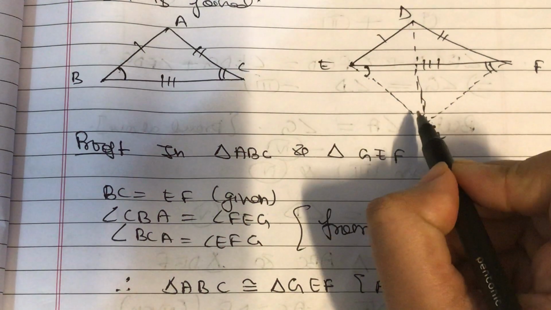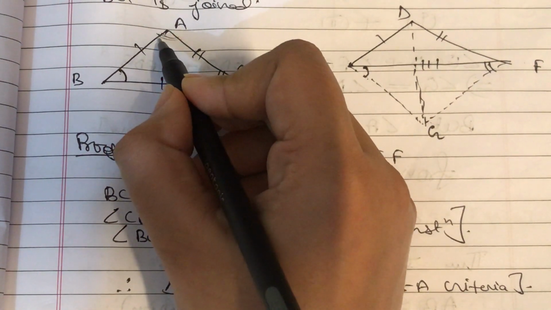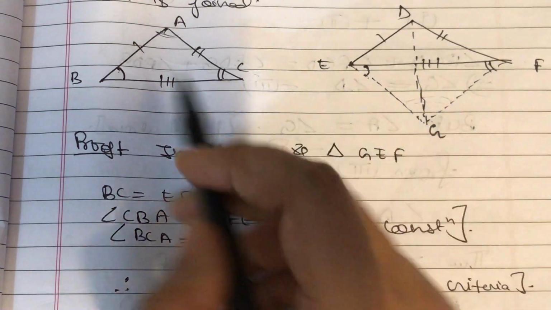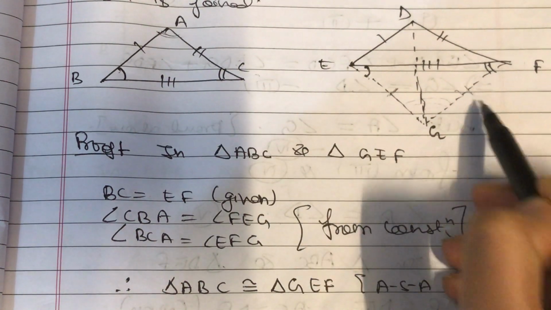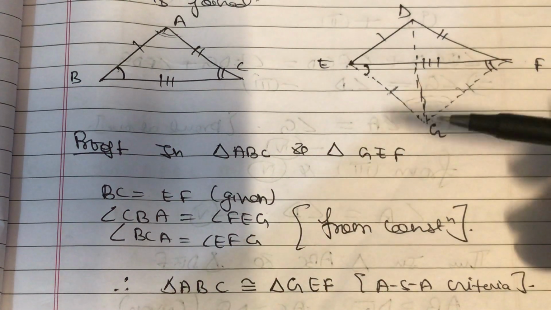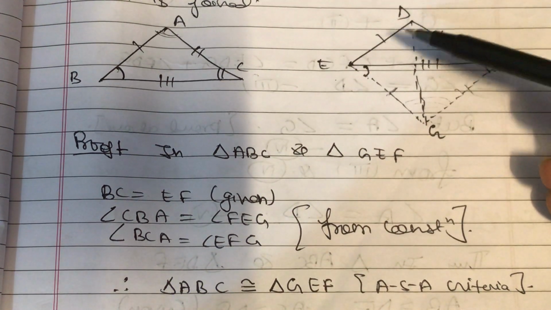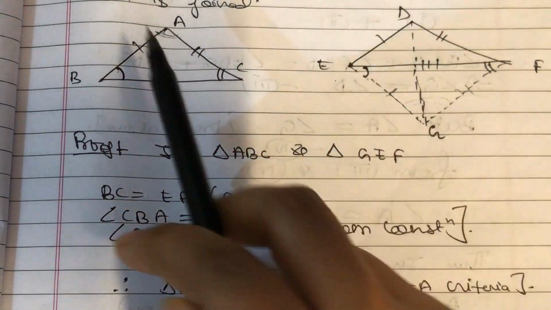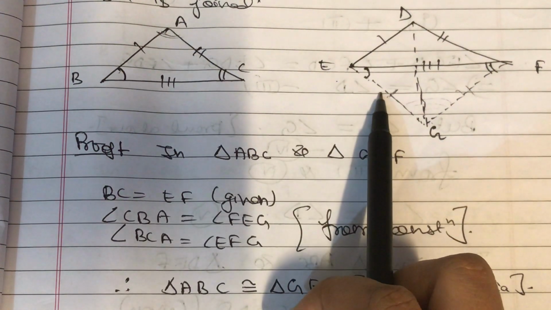So now what I have proved is that this third one is equal to this third one, and also this is equal to this and this is equal to this. Now in triangle GED, these two sides are equal because this is equal to this, already given in the question, and this equal to this, just now I have proved.